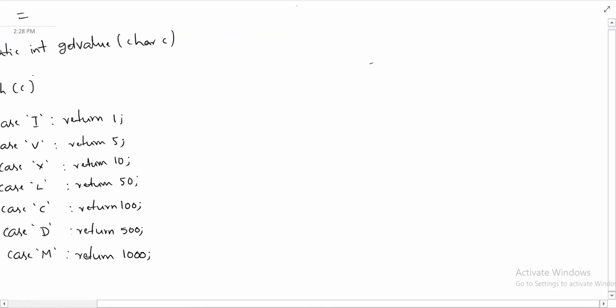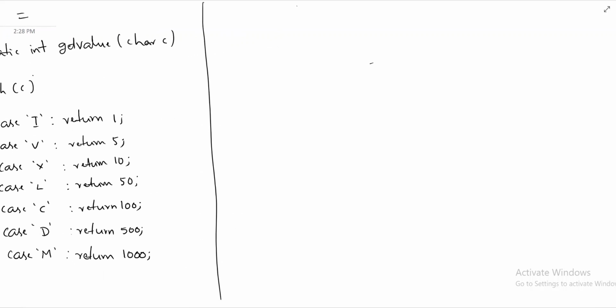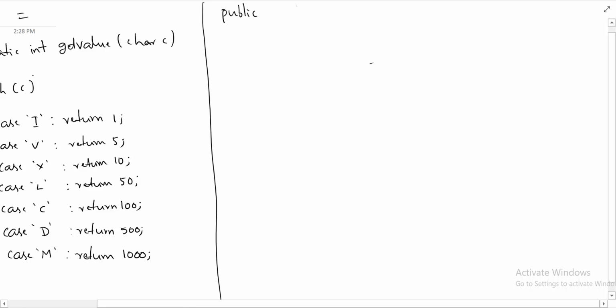So the main will start here. I'm naming that convertToInteger. This should be a public one because we need to access it in the program, and make it static to simplify the calling, and it returns an integer.